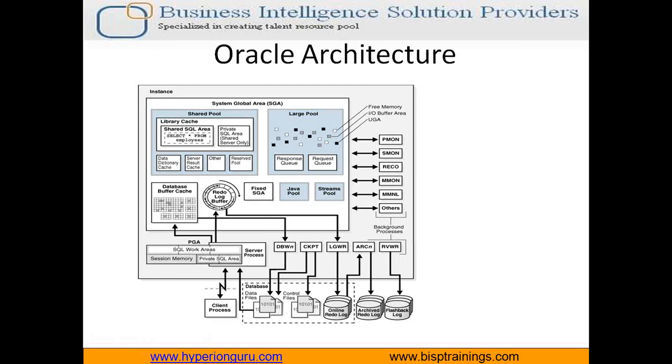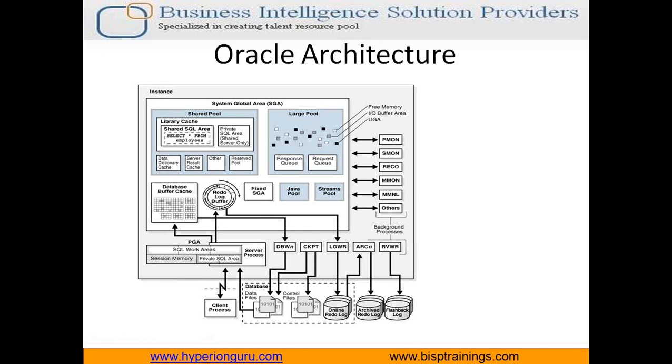The main part of Oracle's memory is the System Global Area, which we call the SGA. Our intention is to understand only the SQL part, how SQL is taken care of by Oracle internally, so we'll focus only on this part.